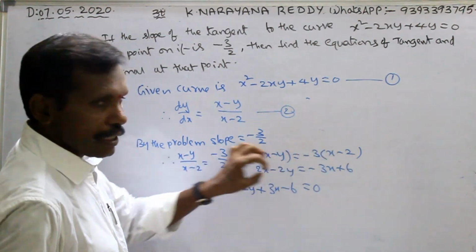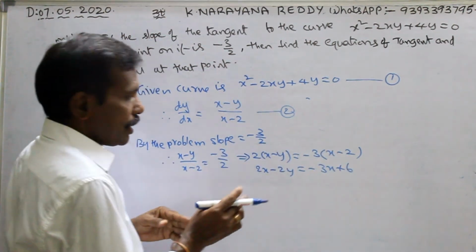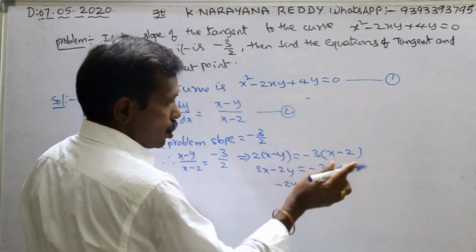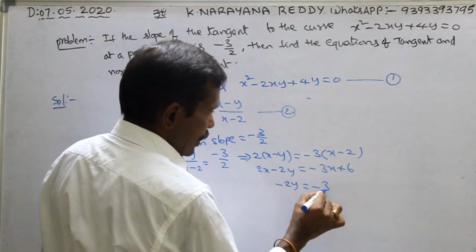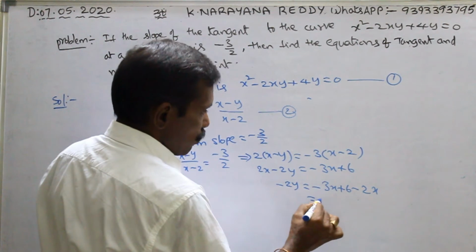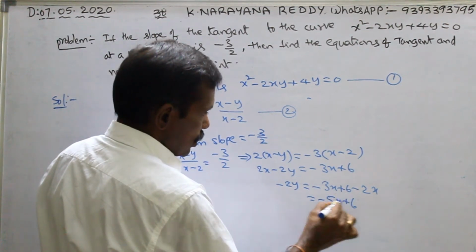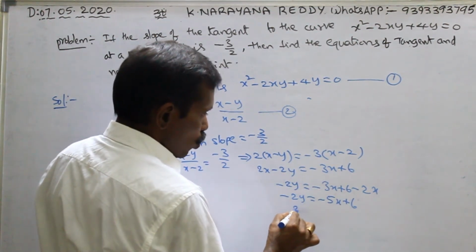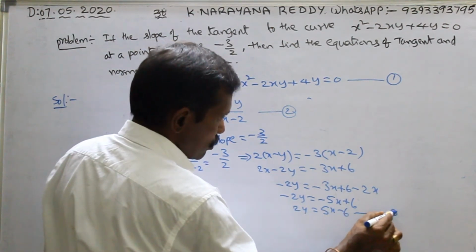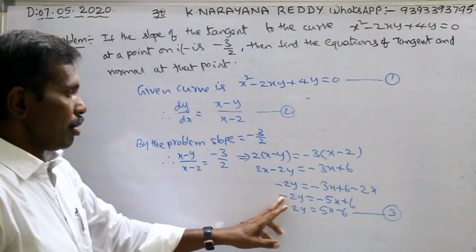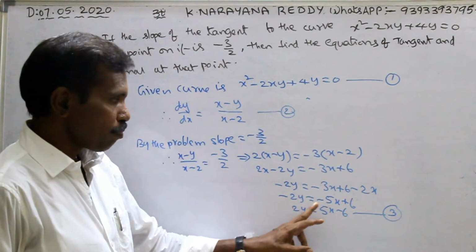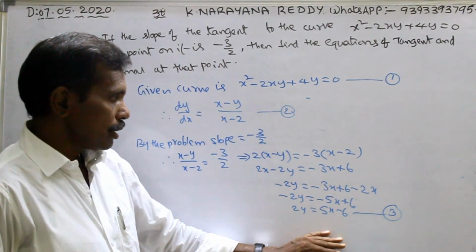This comes to the left side. Now see here, minus 2y equals, 2x goes to the right side, minus 3x plus 6 minus 2x, that equals minus 5x plus 6. So 2y equals 5x minus 6, the symbol changes. Minus goes to plus, plus goes to minus. This is number 3.